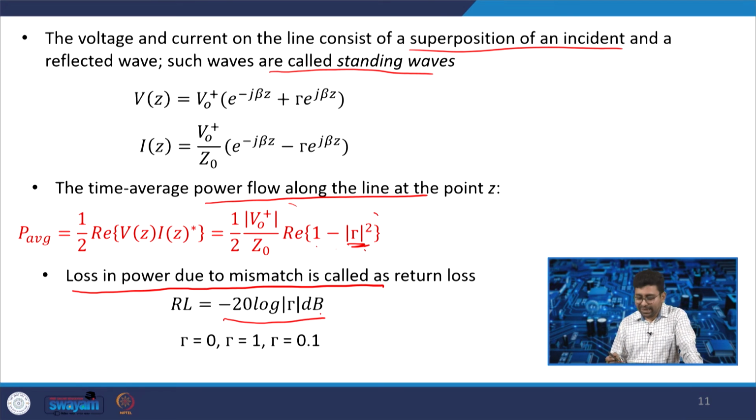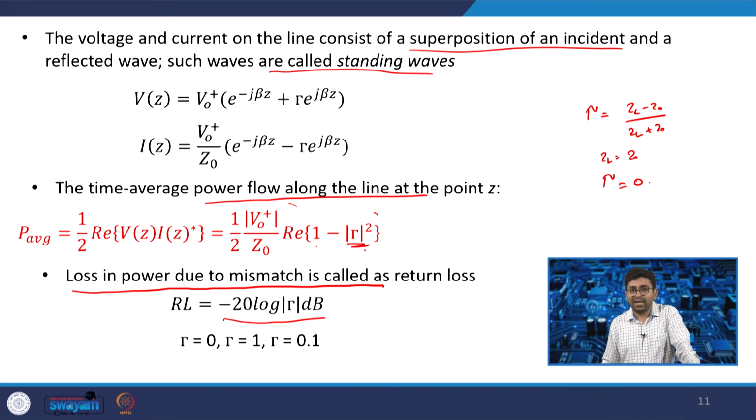So, what is the ideal value of gamma? Gamma is (ZL minus Z0) by (ZL plus Z0). If your ZL is equal to Z0, the ideal value of the reflection coefficient is 0. In reality, getting 0 is not possible.